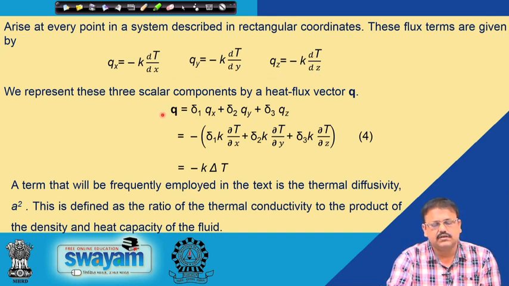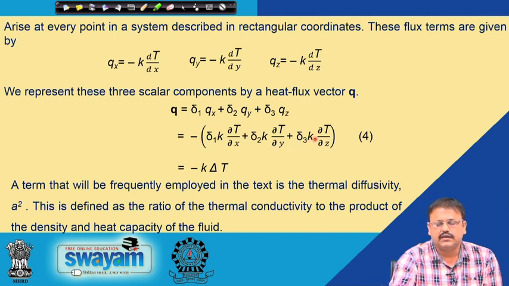This can be presented in vector form: q equals delta 1, the unit vector for the x direction, times qx, plus delta 2, the unit vector for the y direction, times qy, plus delta 3, the unit vector in the z direction, times qz. So this can be presented as minus delta 1 k dT/dx plus delta 2 k dT/dy plus delta 3 k dT/dz, which equals minus k del T.